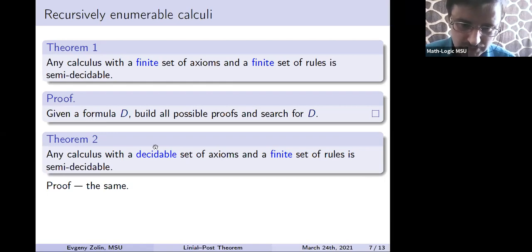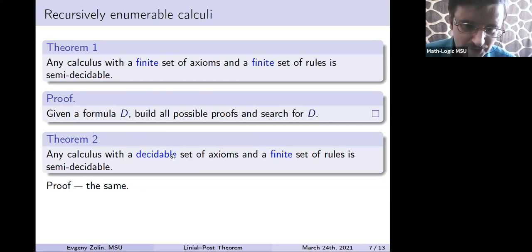It is a decidable property. Is it obtained from some previous formulas using some rule? This is a decidable property. Simply check all previous formulas and apply all possible rules. This application of rules is a computable process. So the proof will be the same. Again, we search for D.